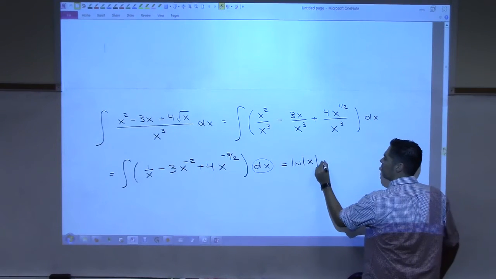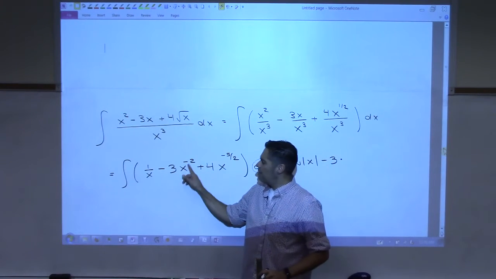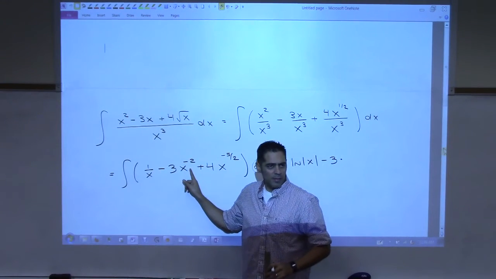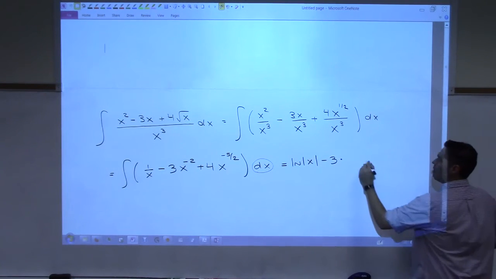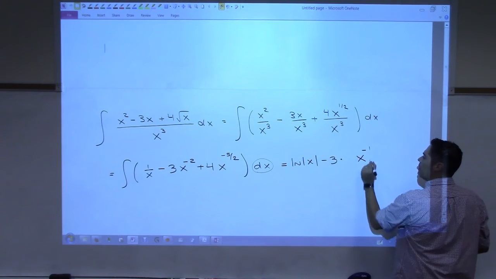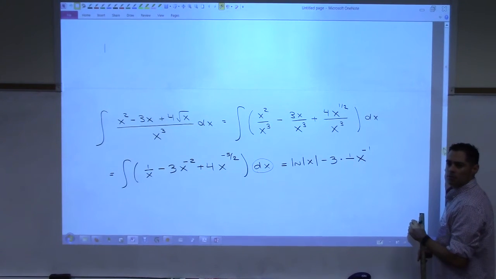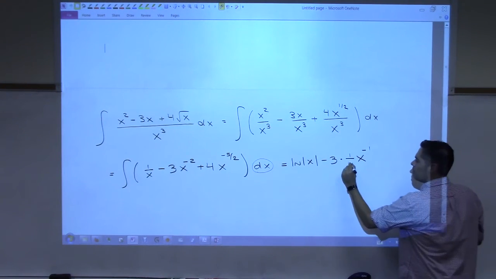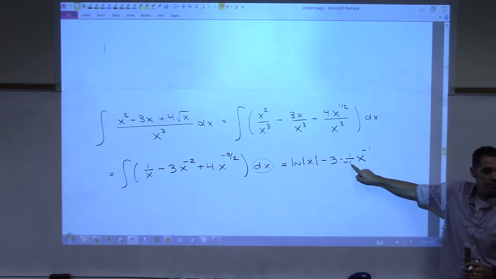So I'm just going to put minus 3. Now times, this is x to the n. So the formula says I'm going to add 1 to that, which is negative 1. So I'm going to have x to the negative 1 here. But then out front, I'm going to put 1 over negative 1. So whatever this power is up here, you're going to put 1 over it in front.